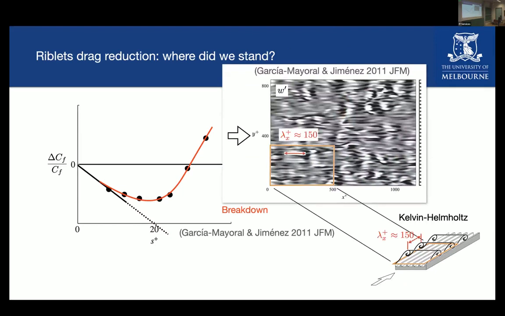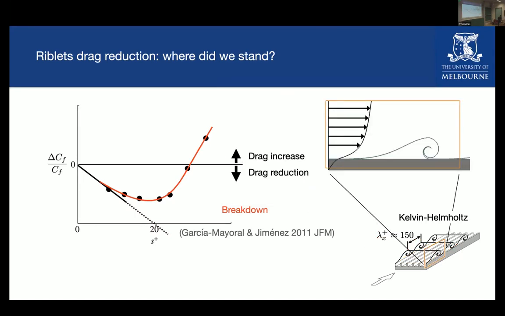The other thing you notice is their spacing is about 150 wall units. There's a difference between the rollers that appear over riblets compared to the ones shown in clouds before, and that's because these rollers appear next to a wall. We know from early studies that rollers cannot form over impermeable walls. And so in fact, Ricardo showed that riblet surfaces are actually effectively porous.